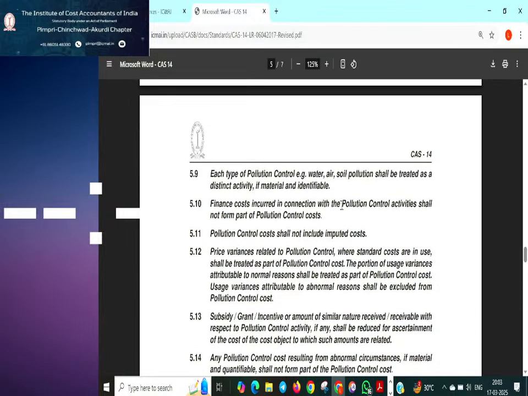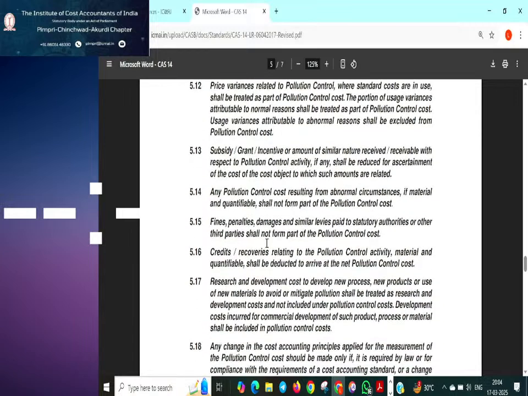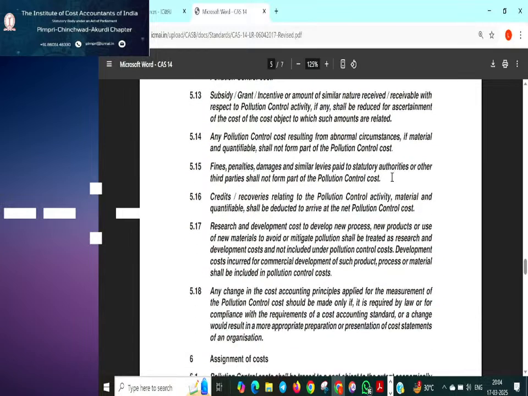Finance cost incurred in connection with the pollution control activities will once again not form part of it. Pollution control cost, if it is imputed cost, will not be taken into consideration. Any price variances, if it is due to abnormal reason, will be excluded. Normal reason, it will be included, and all other things remain the same.